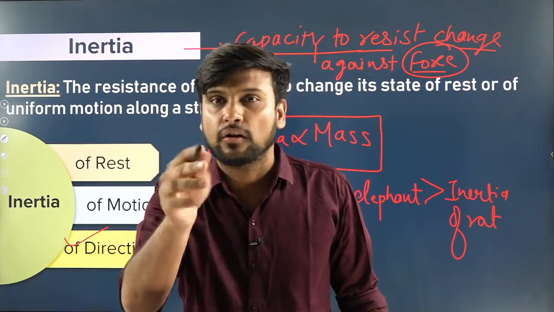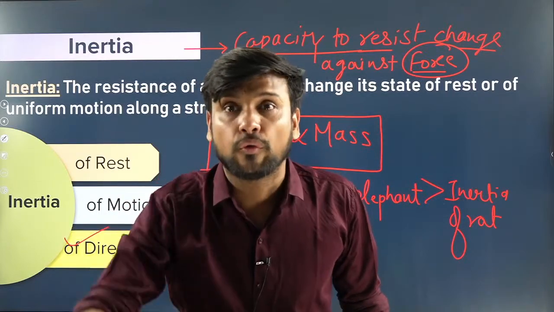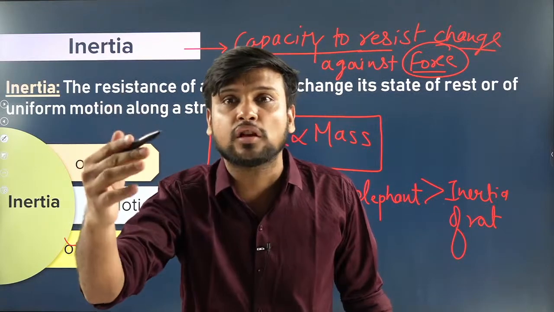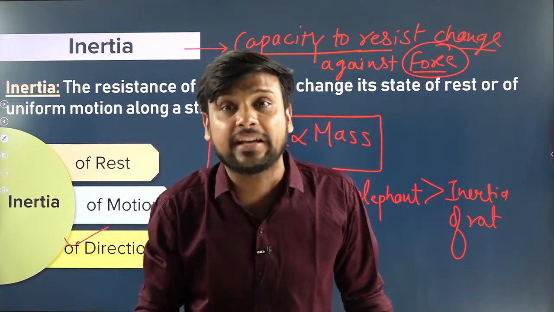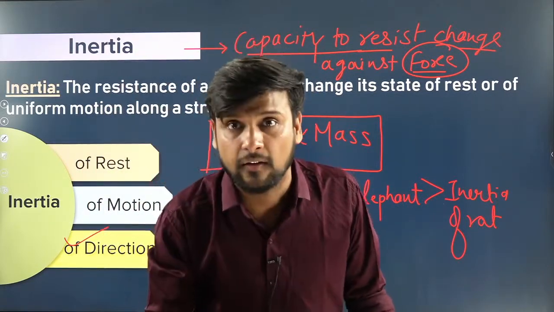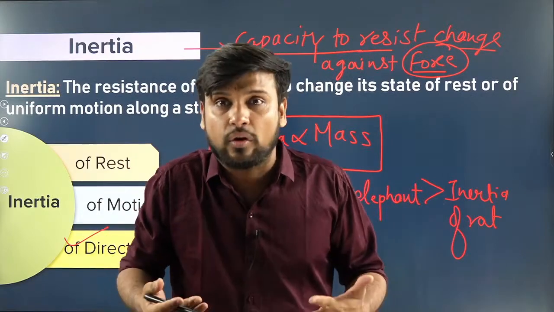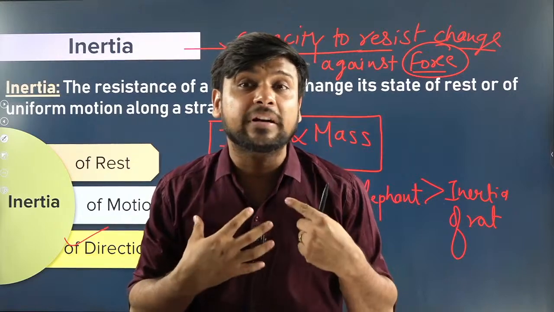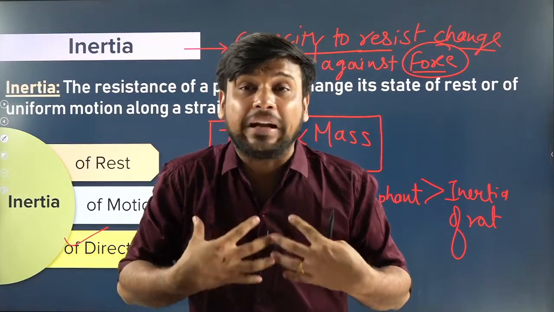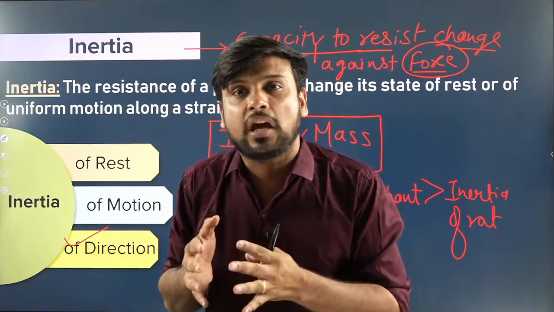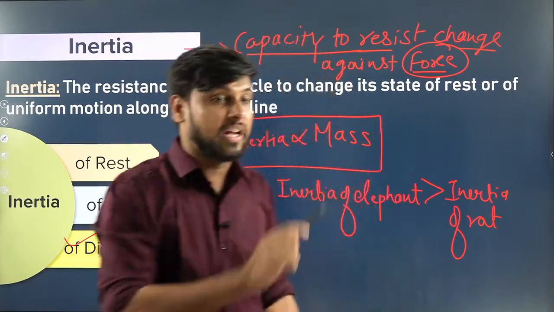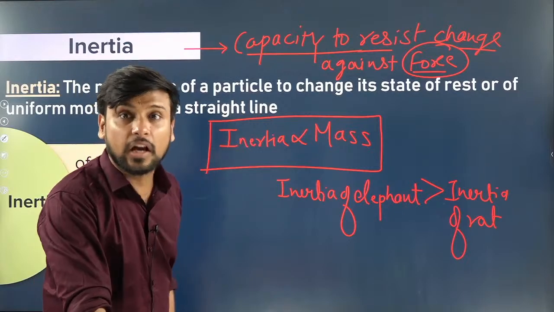If you are at rest, force will try to move you. If you are moving, force will try to increase or decrease your velocity. It means it is changing your nature. It's your inbuilt nature. You can assume that if you are moving at 30 meters per second, that 30 meters per second is your property. If you want to change it, you need a force. So that's what inertia is.